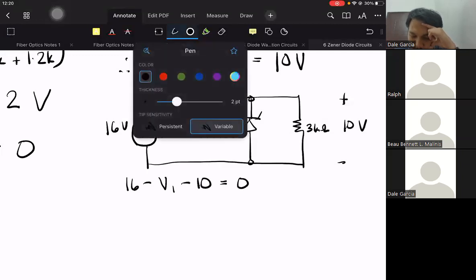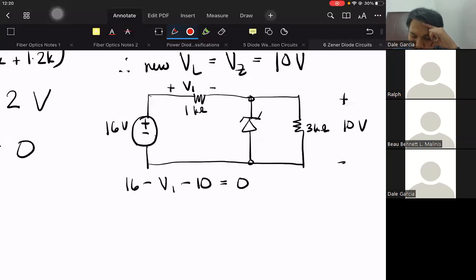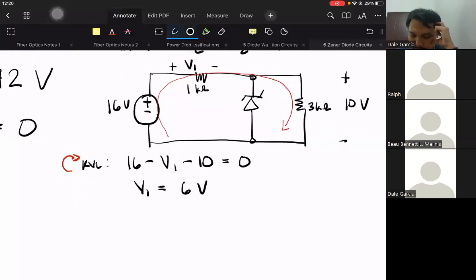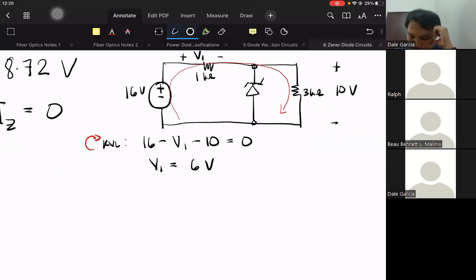Try to guess, without using the calculator. If we apply KVL in that direction, V1 is now equal to 6 volts. So it is 6 volts. Could we solve for the currents?